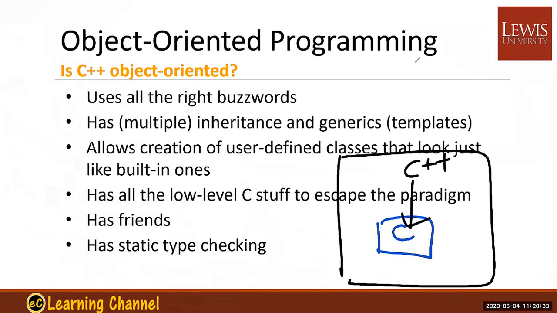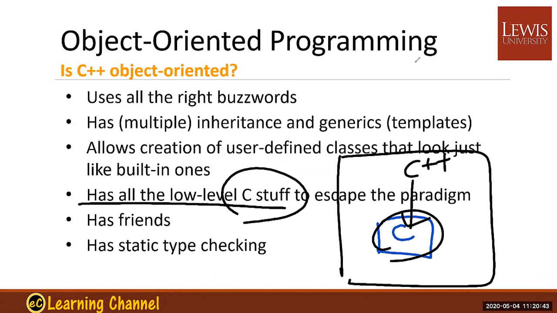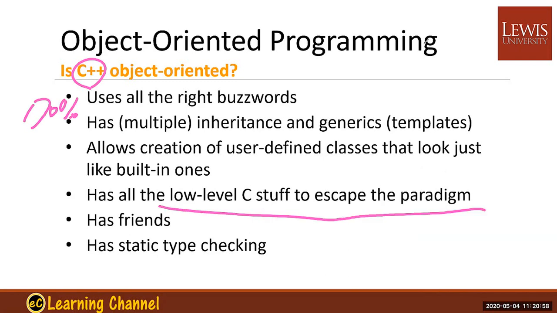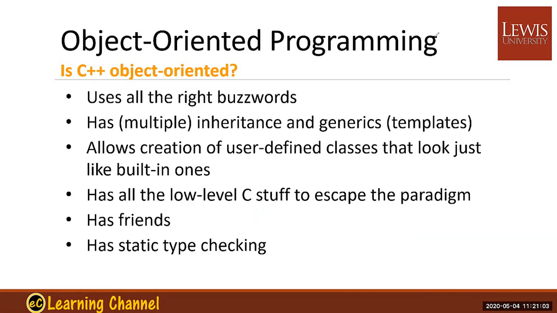So you must be good at C to be able to know C++ better. A lot of things are low-level C stuff. It escaped the paradigm. So C++ cannot be considered a pure OOP. Maybe OOP is just about 70% for C++. Too much low-level stuff, bypassing the rules of OOP.